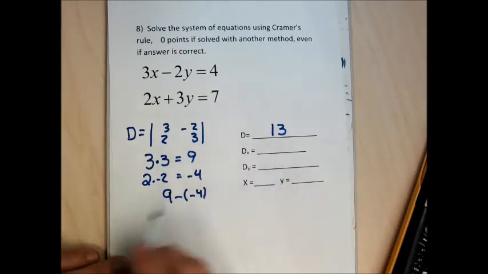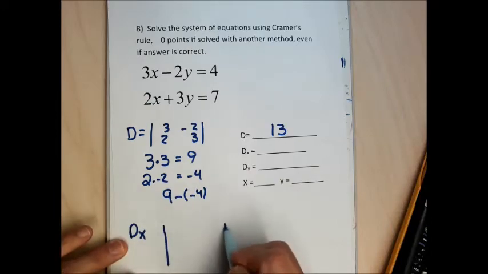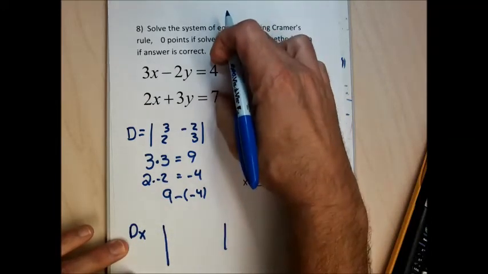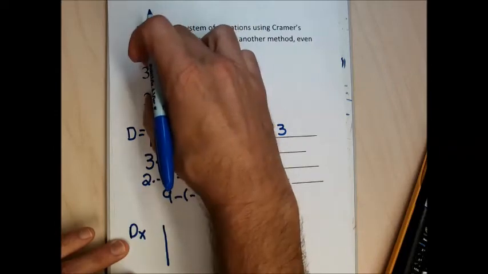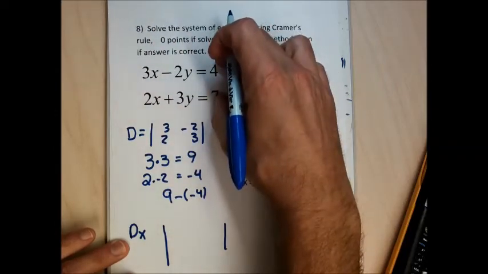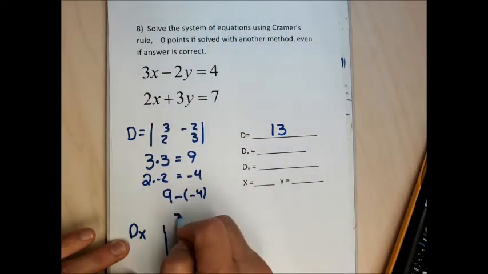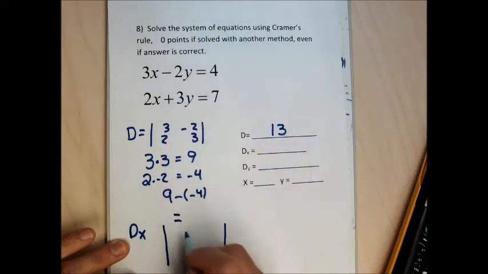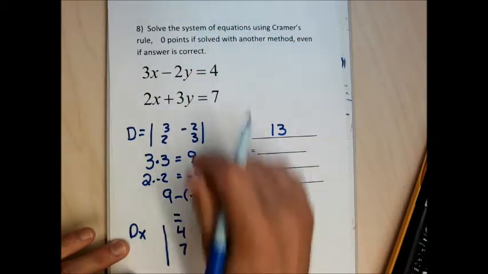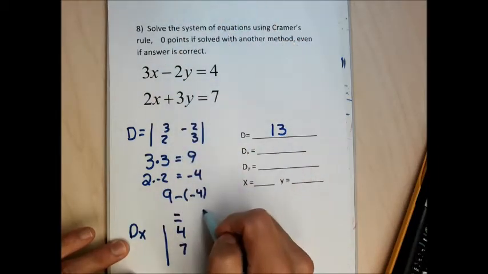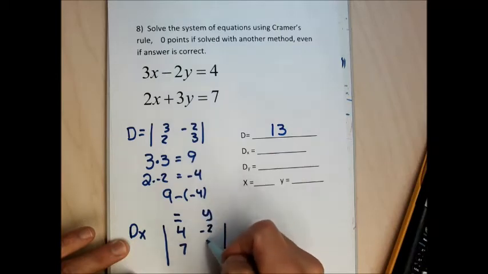The next thing I need to compute is D sub x, and the D sub x determinant has the numbers from the equal column replacing the coefficients of the x's. So the D sub x has the numbers to the right of the equal column first, which are 4 and 7, and then the numbers in front of the y's, which are negative 2 and 3.